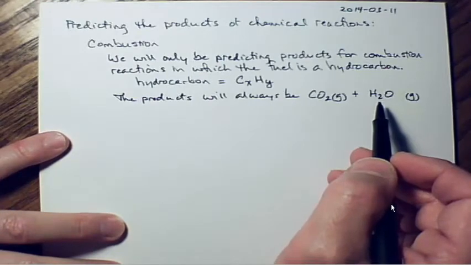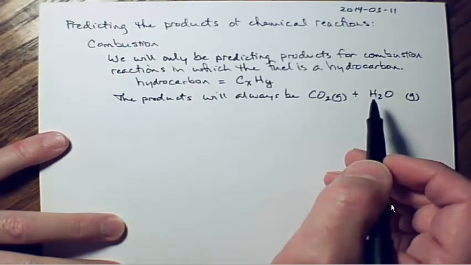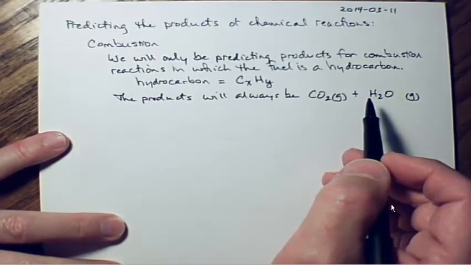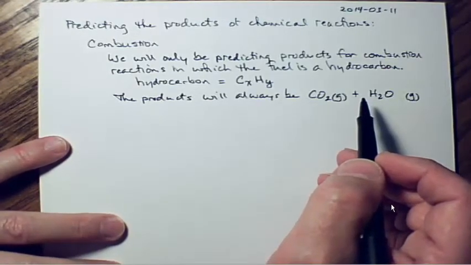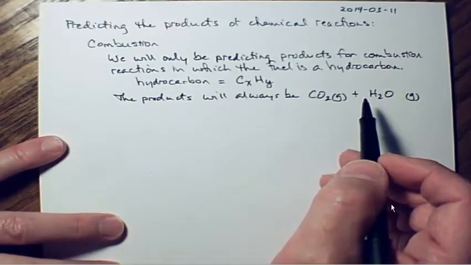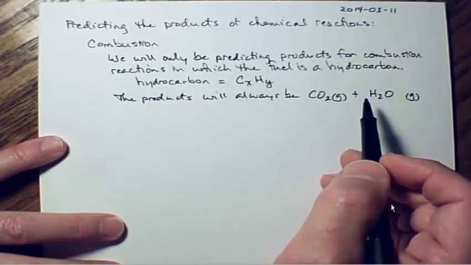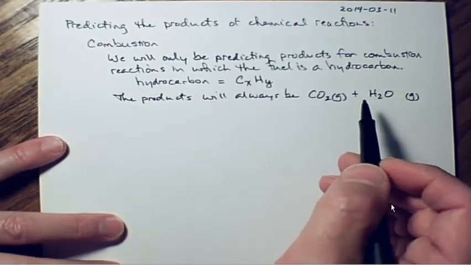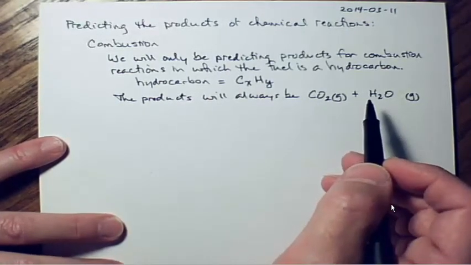Now, while we're also producing light and heat in these reactions, we're not, in this unit anyway, going to consider the effect of light and heat on the chemical reaction itself, on the equation. We're going to leave out the light and heat from the reaction. We have a unit later in the year on thermochemistry where we will include light and or heat in the chemical equation, but not in this unit.